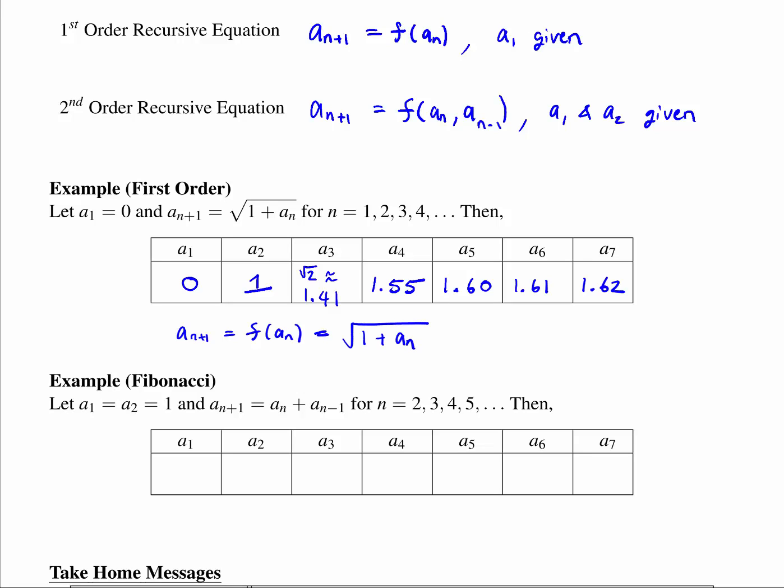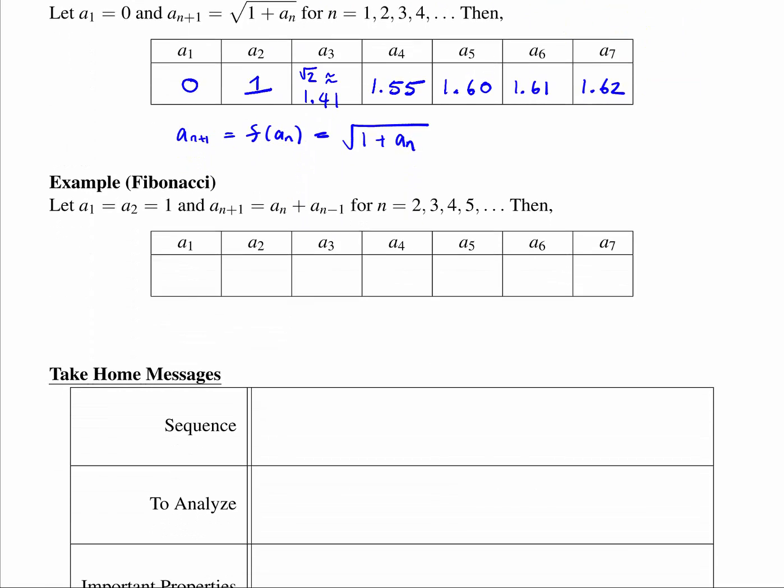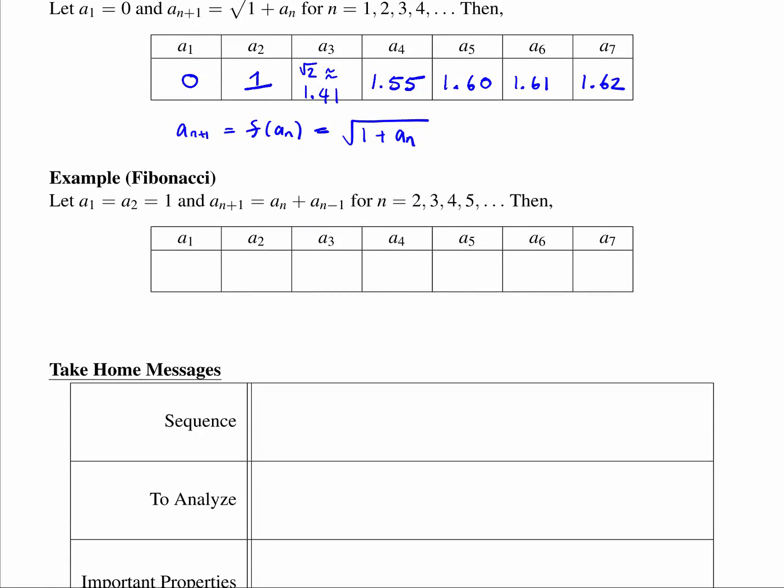As an example of a second order recursive equation for a sequence, we use the famous Fibonacci sequence. Here a1 and a2 are both 1, and then the next term is defined as the sum of the 2 previous ones. So a_{n+1} is a_n plus a_{n-1}.